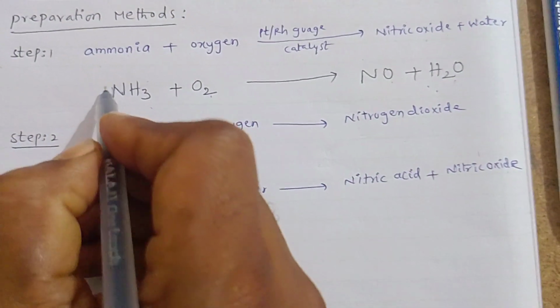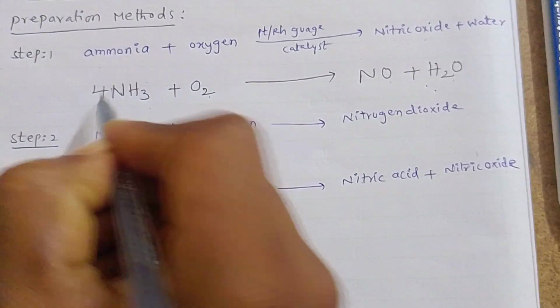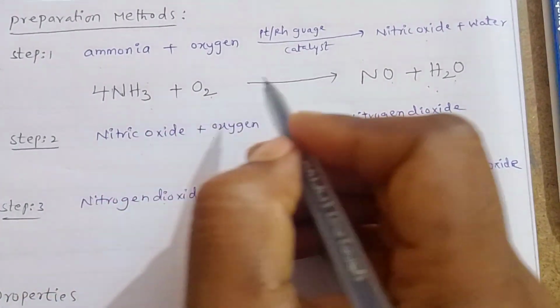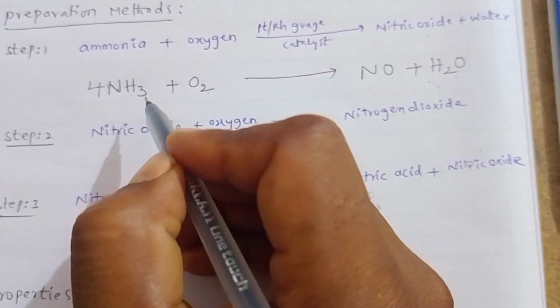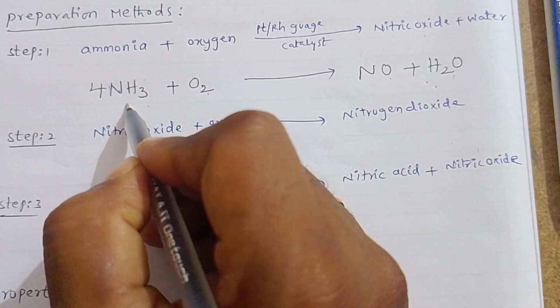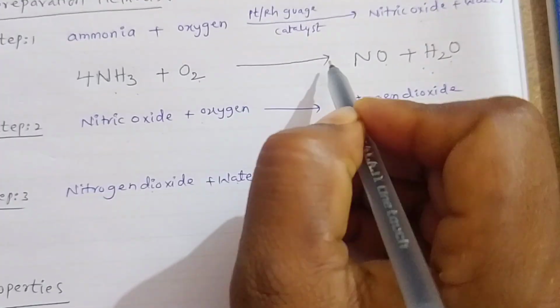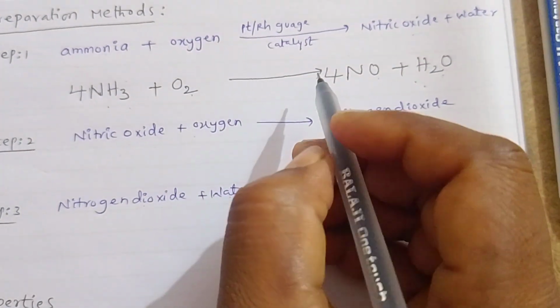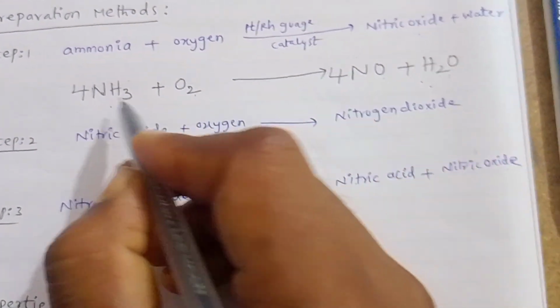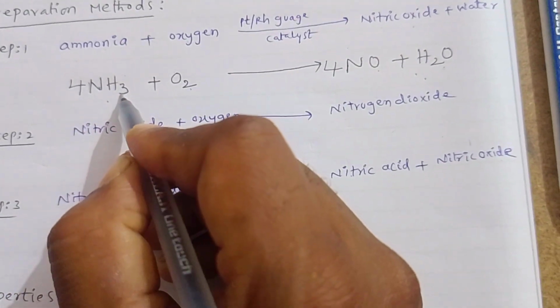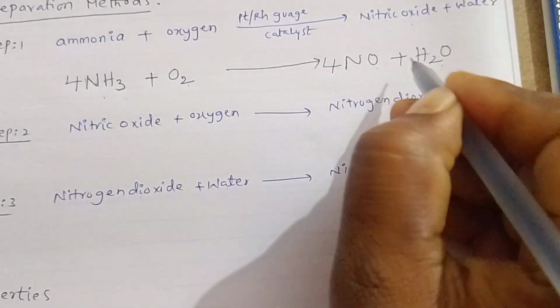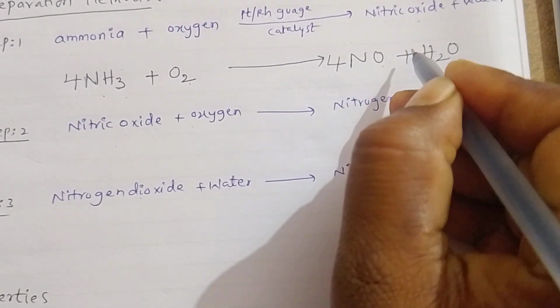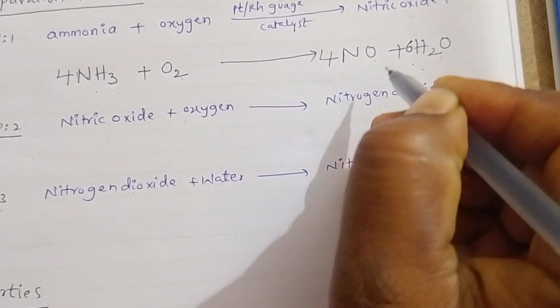If you take 4 here, then to balance the nitrogen, 4, here only 1, so you put 4. Then how many hydrogens? 4 threes are 12 hydrogens, so here 2, you put 6 here.